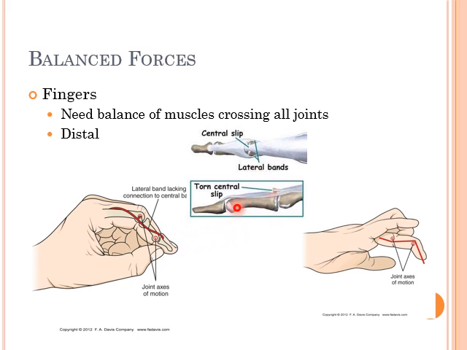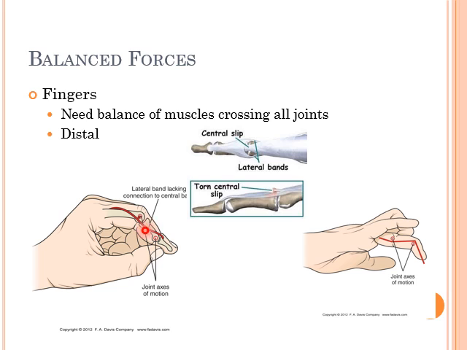In the case of a boutonniere deformity, that central slip tears, and the distal insertion remains. So what you end up getting over time is that the lateral bands, because of that tear, start to slip down, and they actually produce flexion at the PIP.